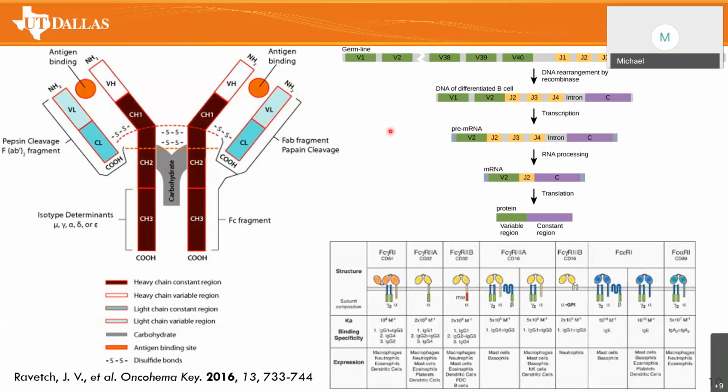That's what makes every B cell receptor unique. There are about 10 to the 11th different combinations that can occur. But one of the problems with this large number of combinations is that some can lead to B cell receptors that bind to your self-antigen, and so sometimes the cell has to undergo VDJ recombination again to remove self-antigen binding B cell receptors.